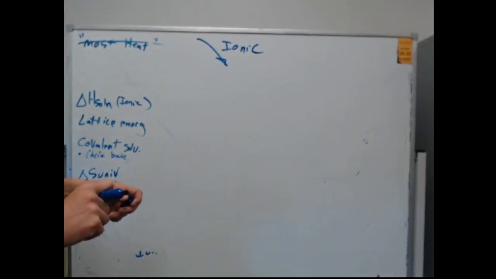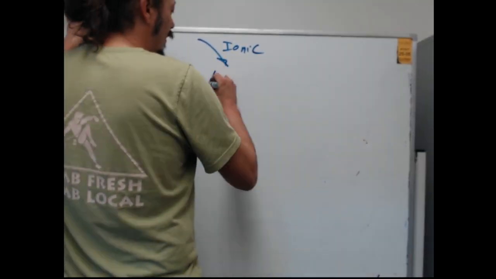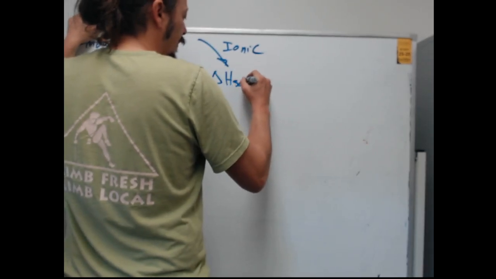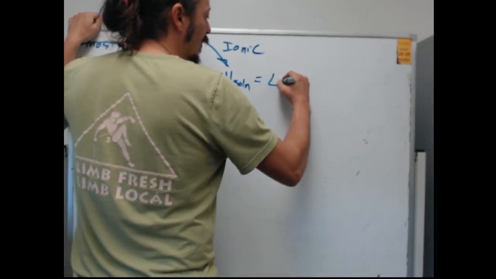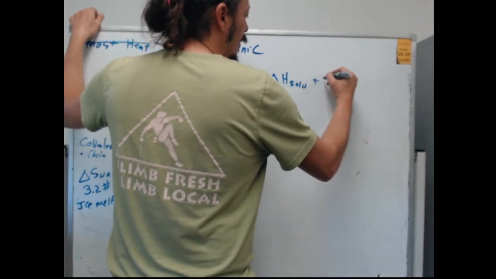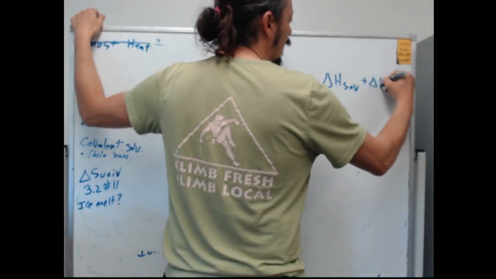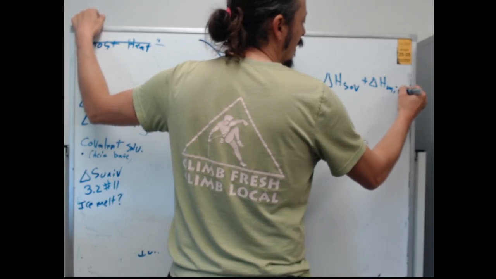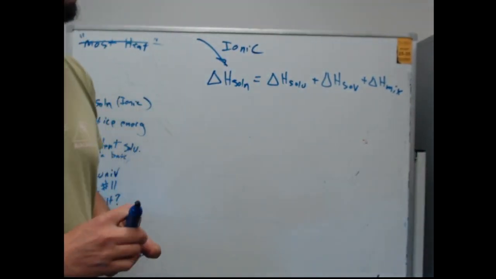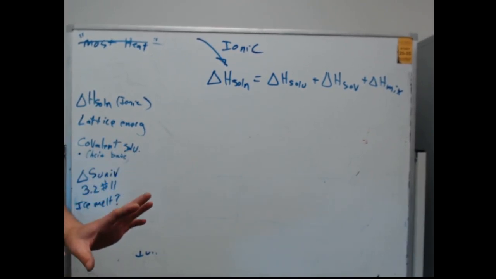In this situation, we're going to look at our delta H of solution, and we're going to write it in terms of a delta H of solute plus a delta H of solvent plus a delta H of mixing. This is how we could have done it for either case. We're going to rewrite this a little bit in this specific ionic case.